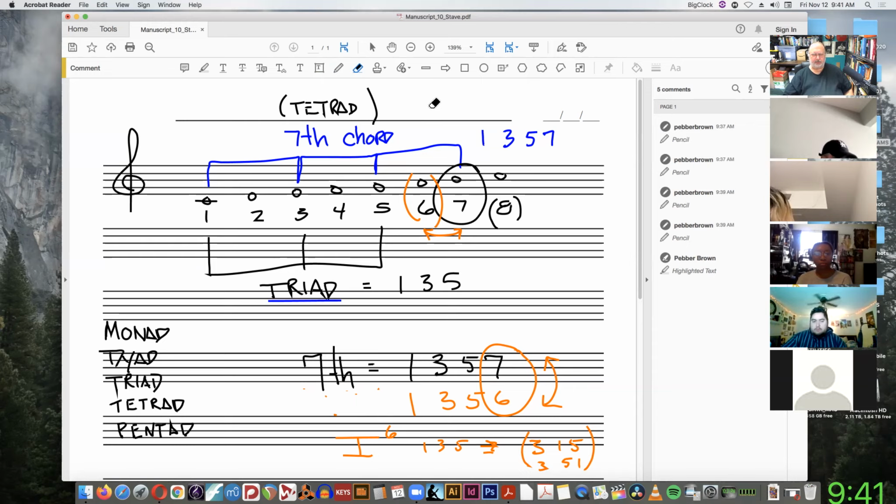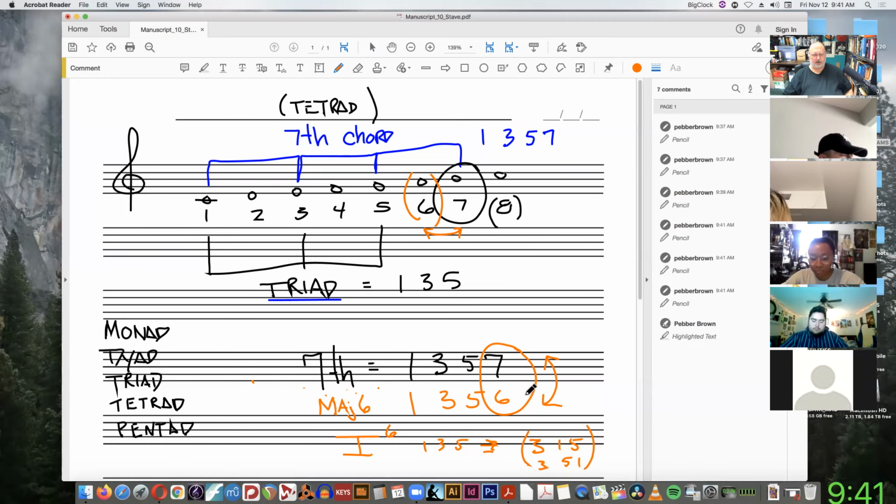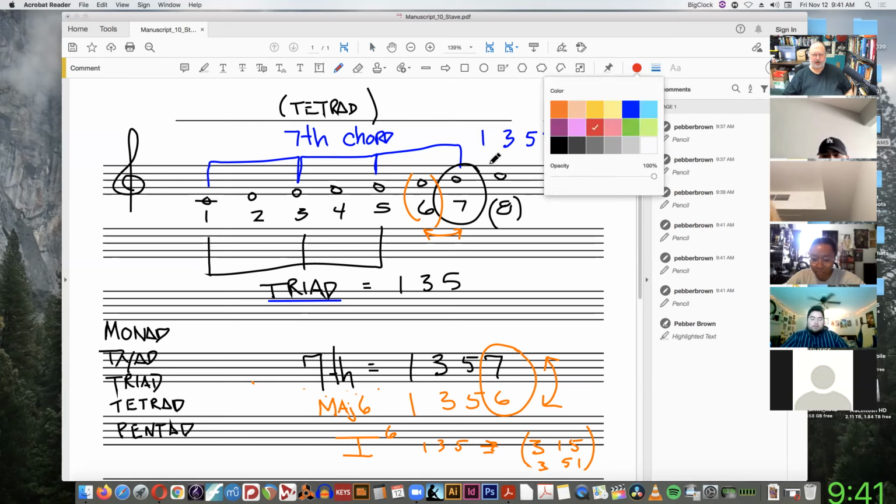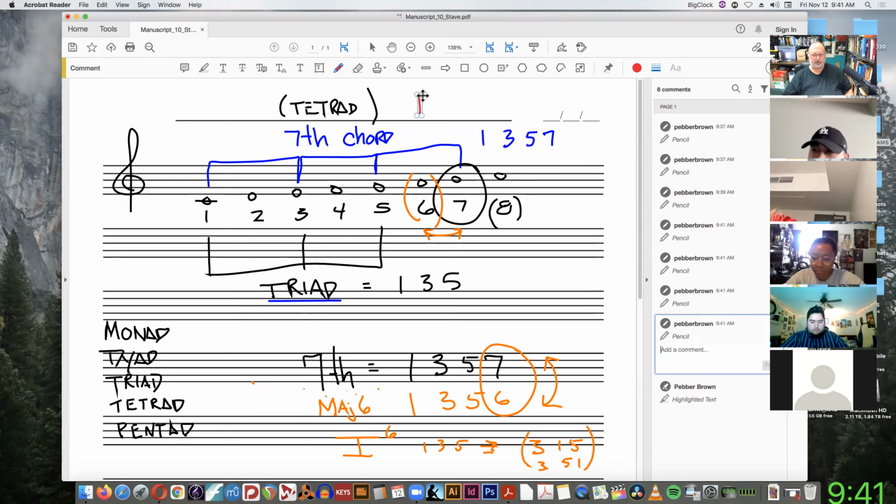We want to be more specific and call it a major 6. So the overall title for these chords gets simplified when you stop calling them all 7th chords and you just call them 4-part chords.